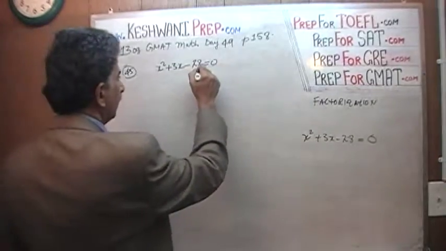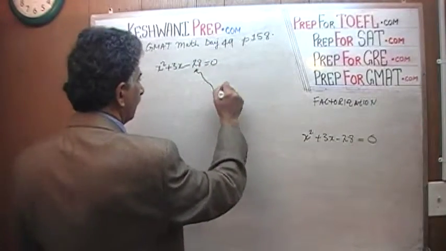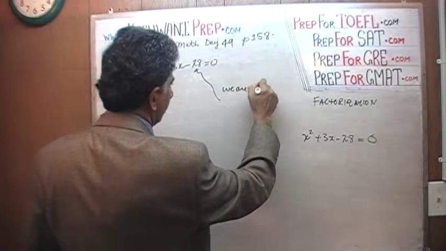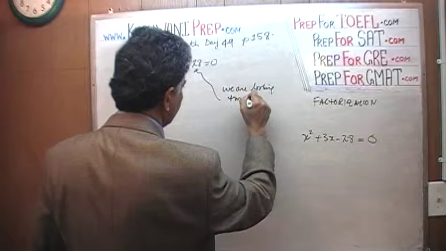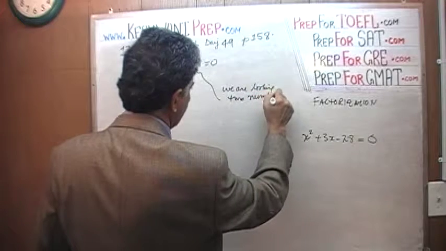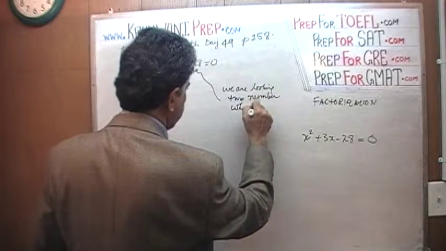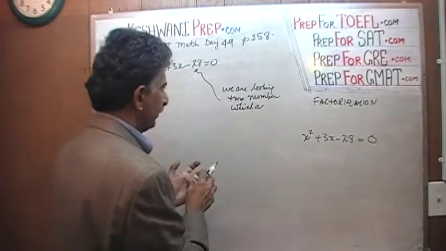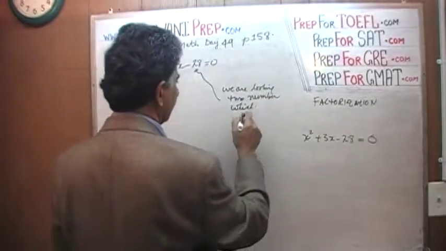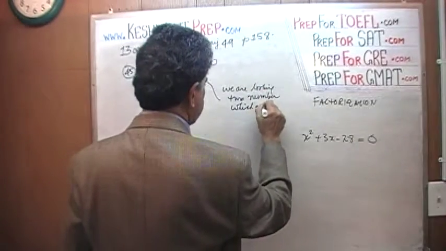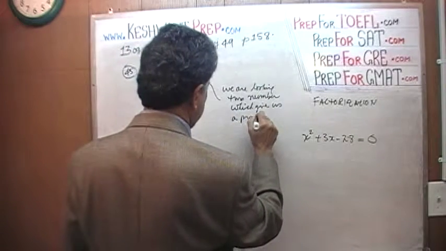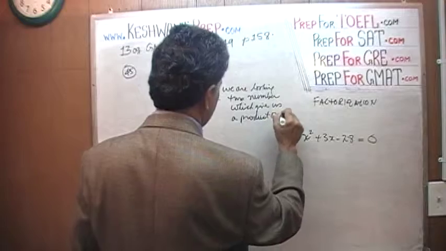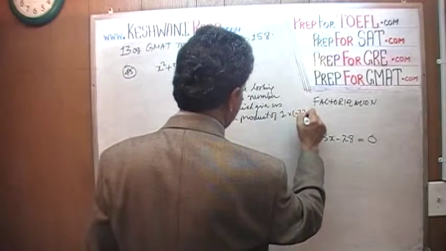We are looking for two numbers which, when multiplied together, give us a product of 1 times negative 28.